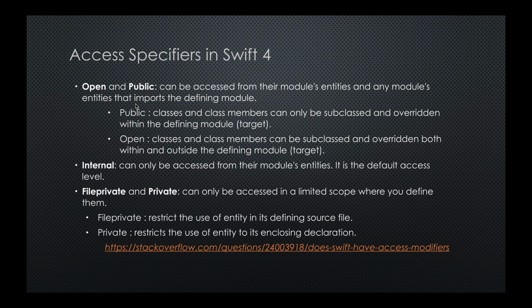So these are the 5 access specifiers in Swift 4, and internal is the default one. Open and public make your classes, functions, or variables very much accessible, whereas fileprivate and private make it limited access.